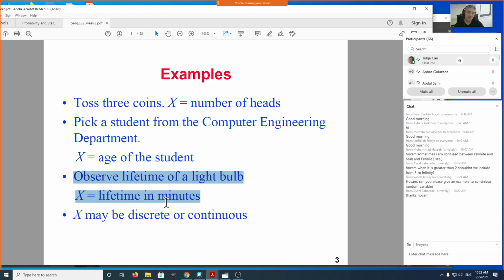So we'll be asking probabilities of ranges of values the random variable can take, and they will be non-zero. Point probabilities for continuous random variables will be 0, but the probability of a range will be non-zero.